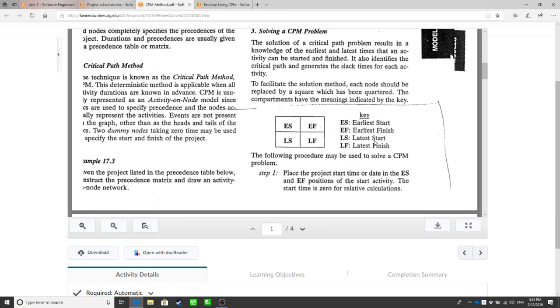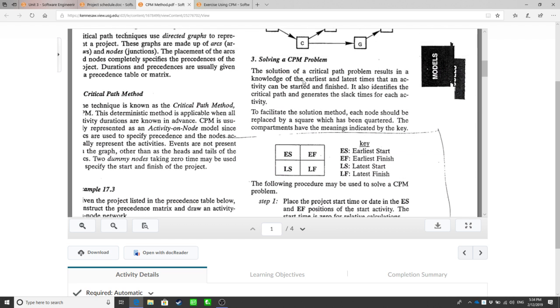Before we talk about the CPM, I need to introduce four definitions. It's ES, EF, LS, LF: earliest start, earliest finish, latest start, latest finish. Earliest start time is actually a cell for each activity.